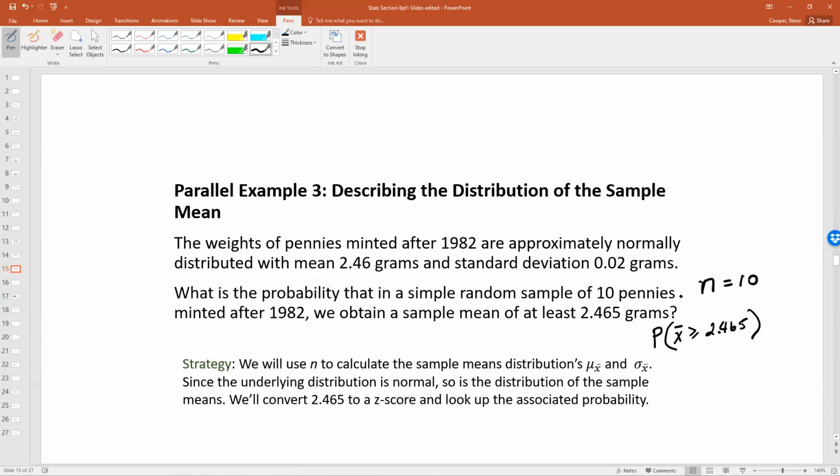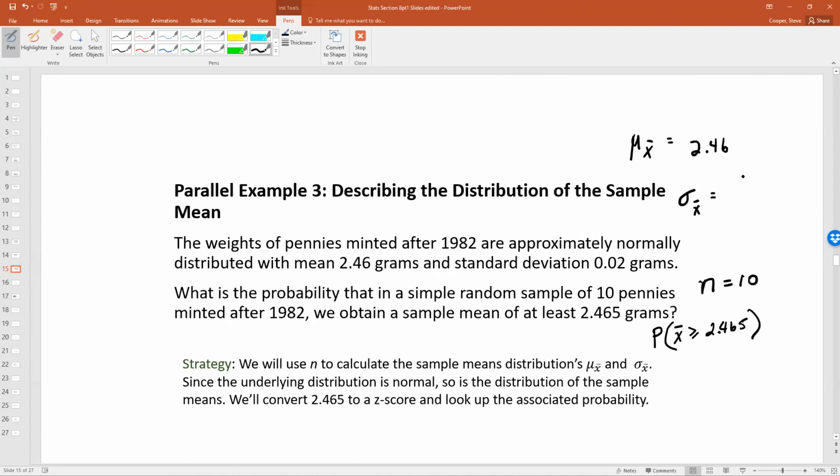Okay, well, we know that since the underlying pennies were a normal distribution, so too are sample means of size 10. So all we need to do is figure out, with n equal 10, that mu of X bar, well, that doesn't change, so we're going to use 2.46. But we have to recalibrate sigma for this.